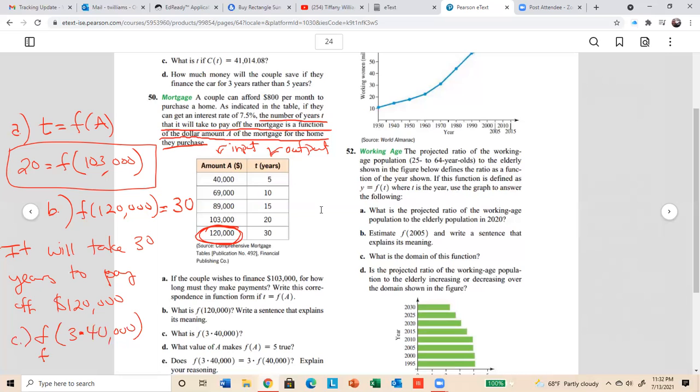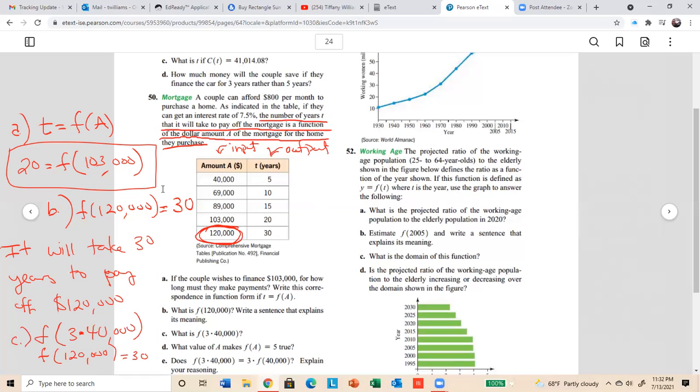So 3 times 40,000, of course, is 120,000. This is asking the very same thing that the last question asked. So F of 120,000 is going to be 30. They're just trying to get us to realize that they can actually write these questions however they want.